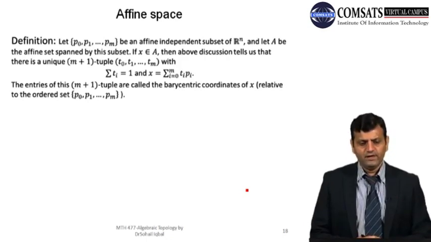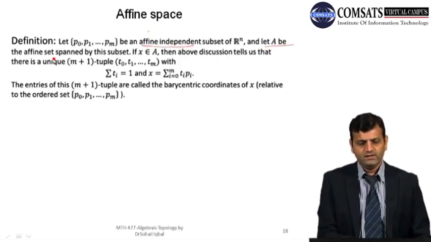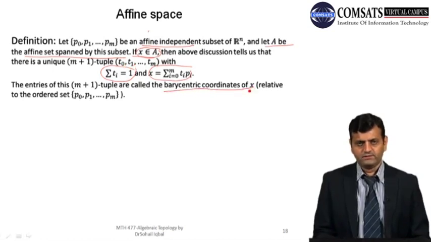So if I have a collection of m plus 1 points that are affinely independent, and A is the affine set spanned by this subset, then from our above discussion any x belonging to A can be written in this form, and these ti satisfy this condition, and these ti are unique. So we call these values ti, so t0, t1 up to tm, the barycentric coordinates of x.